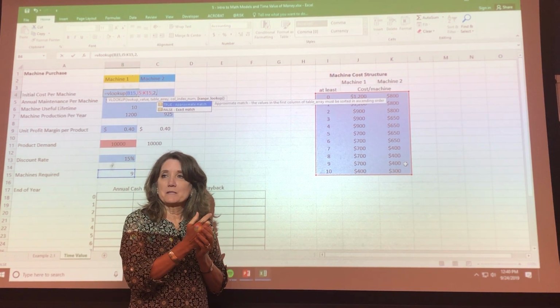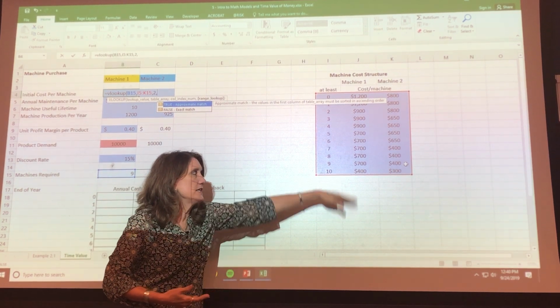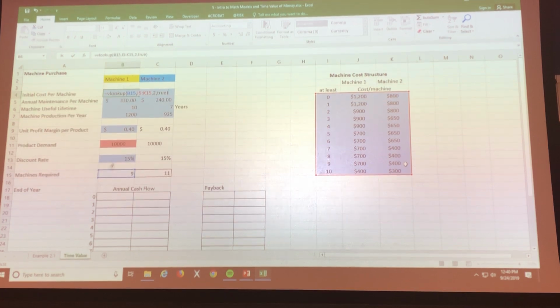We have to leave open the possibility that if demand changed and we needed more than 10 machines, this wouldn't give us an NA. So this is not false. This one is actually true, because we need the ability to have more than 10, and even in the next machine problem.